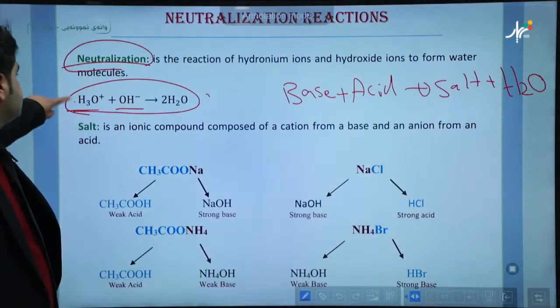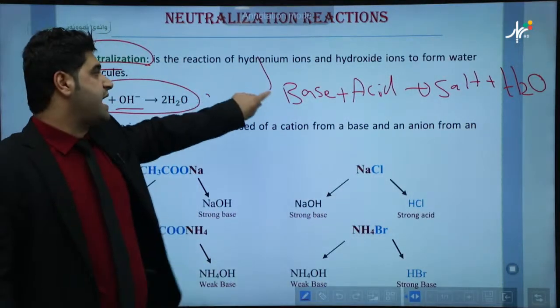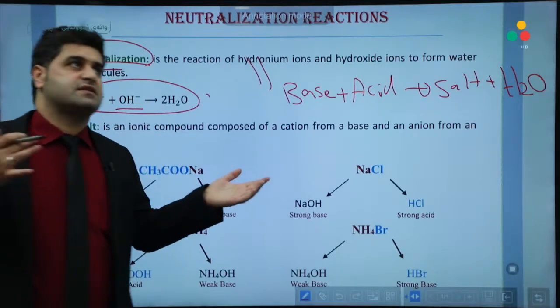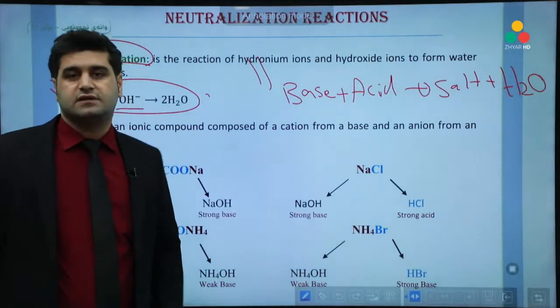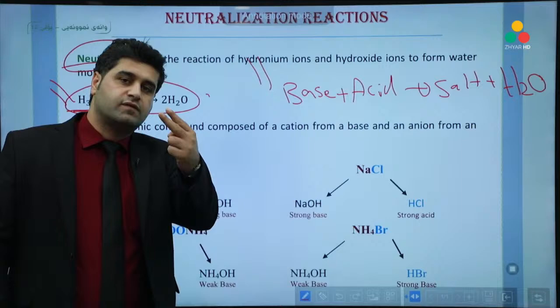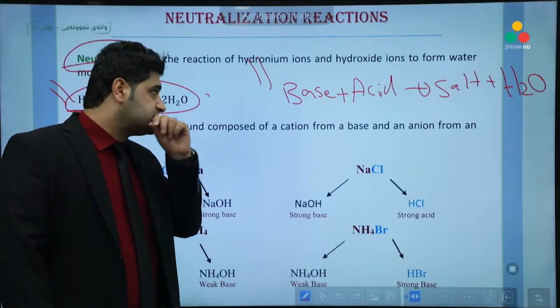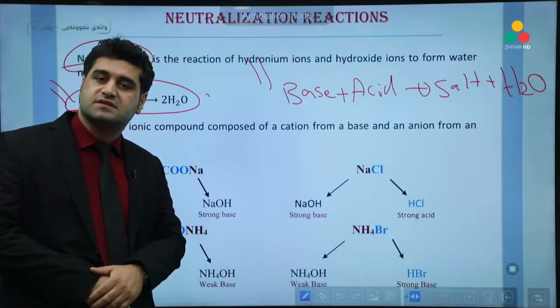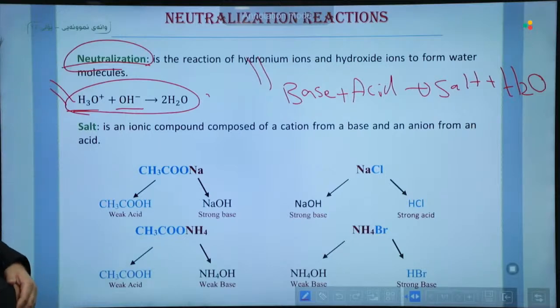This is the neutralization reaction. Neutralization is the reaction between hydronium and hydroxide ions producing 2 molecules of water. But neutralization reaction is the reaction between acid and base producing salt and water.